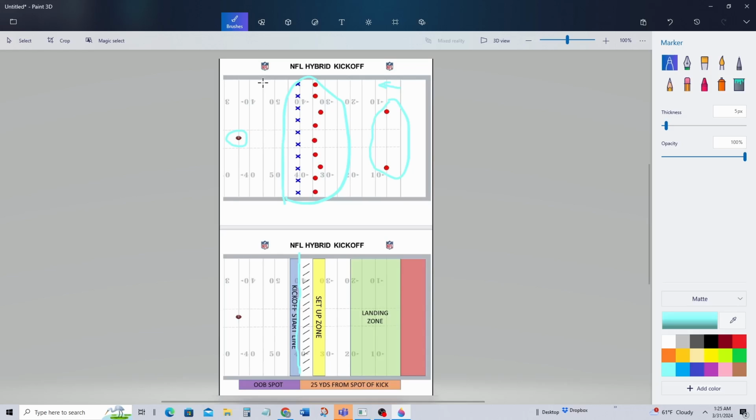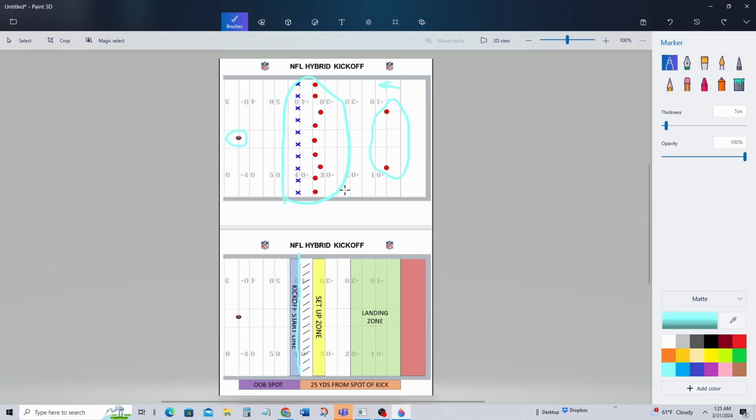Essentially what would always happen is the kick returner would get to about the 20 and get tackled. It was lots of one-on-ones, like these guys would pair up, these guys would pair up. And the hope is that allowing defensive players to stagger will add more strategy to it and will help the offense a little bit.